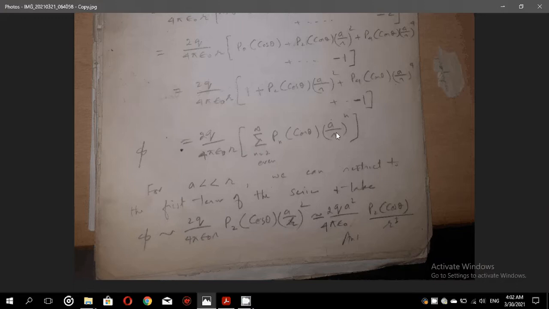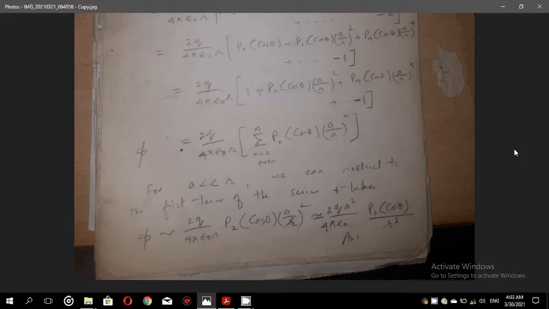So let us pick up the first term, which is the largest term, and write this result as 2q over 4 pi epsilon naught r, P2 cos theta (a over r) square. By putting the value of P2 cos theta, this is the final expression for the electrostatic potential, and this is what we wanted to show.